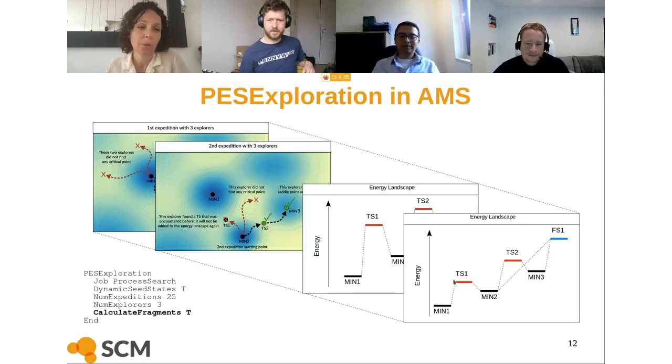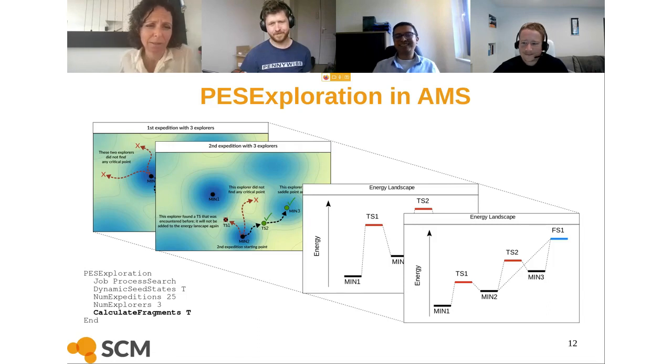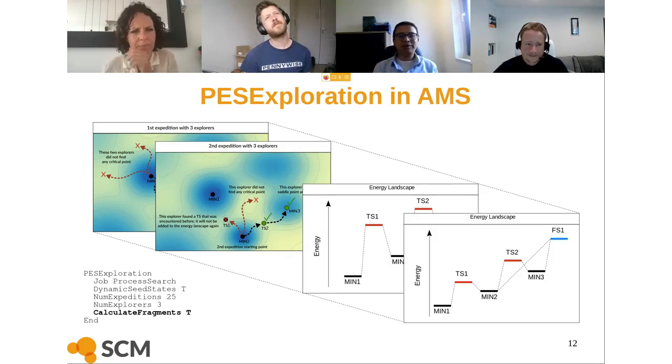Yeah, this is true. So I understand that they should be on the PES, but maybe to simplify the energy landscape visualization. Yeah, with the AMC method, that is not yet included in our PES exploration, but it's available in EON.